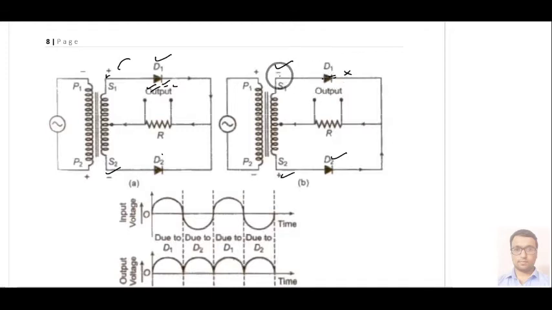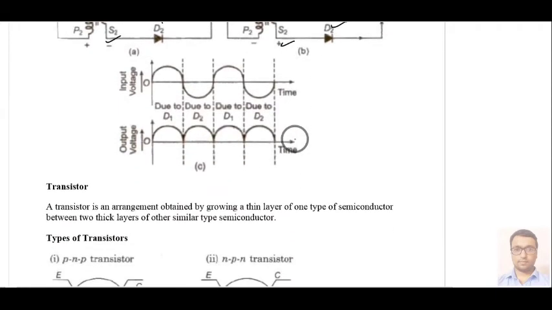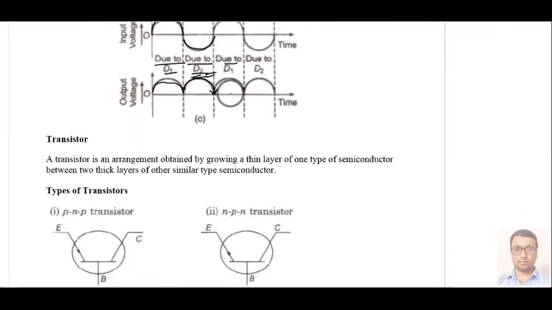Still we will get some output voltage across R. So for the positive half cycle we get output voltage due to diode 1, and for the negative half cycle we get positive voltage or current due to diode 2. It means at every condition we get output voltage across our load resistance.